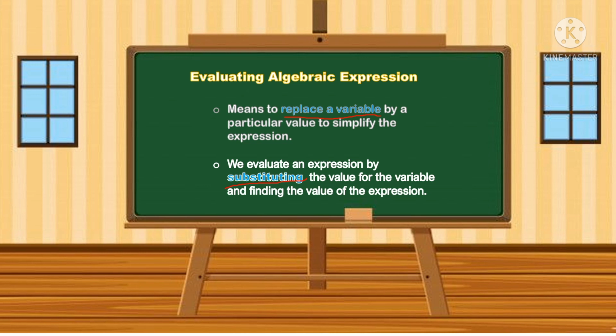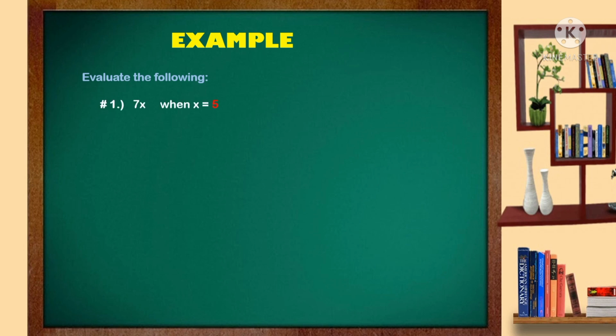So let's have some examples. For example, evaluate the following. Remember that for our variables, the value is given, so don't be confused, because our variable has been given a specific value. Number 1, 7x, when x is equal to 5.